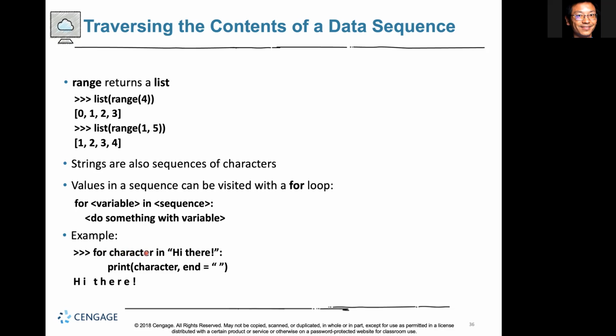So for character in a string, it is going to look through the characters 1 by 1, starting from H. So you see this prints out H, I, space, T, like that. Here in this print function, we specify another argument, end equal to a single space, so that after each character, we print out each character followed by a space. That's what it means.